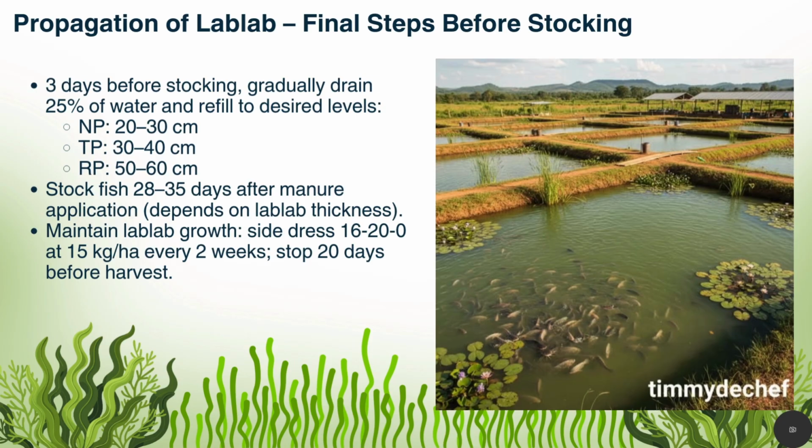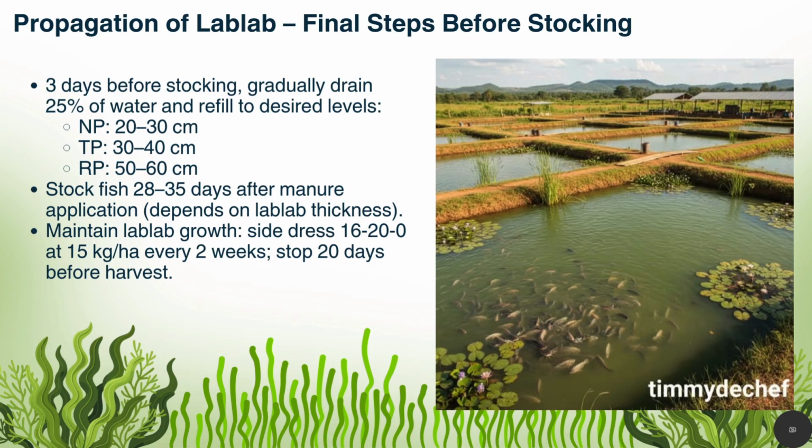3 days before stocking, about 25% of the pond water is gradually drained and refilled to reach the desired depth: 20 to 30 centimeters for NP ponds, 30 to 40 centimeters for TP ponds, and 50 to 60 centimeters for RP ponds. Fish are typically stocked 28 to 35 days after manure application, depending on the thickness of the lablab, which should be around 1 centimeter.